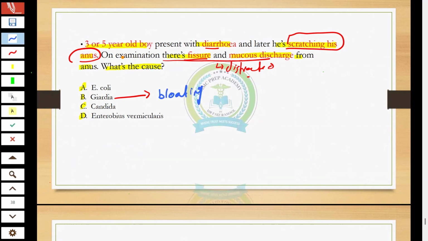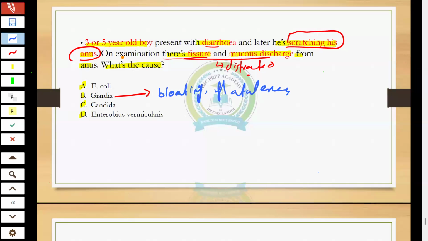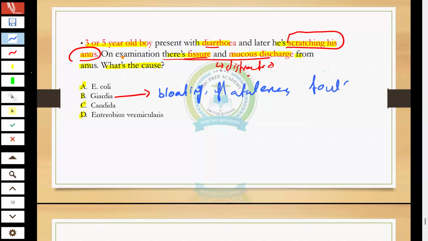You will find in history bloating, flatulence, foul smelling stool, and fatty stool, fatty diarrhea. In case of E. coli, there are different strains, and the patients usually present with watery diarrhea.